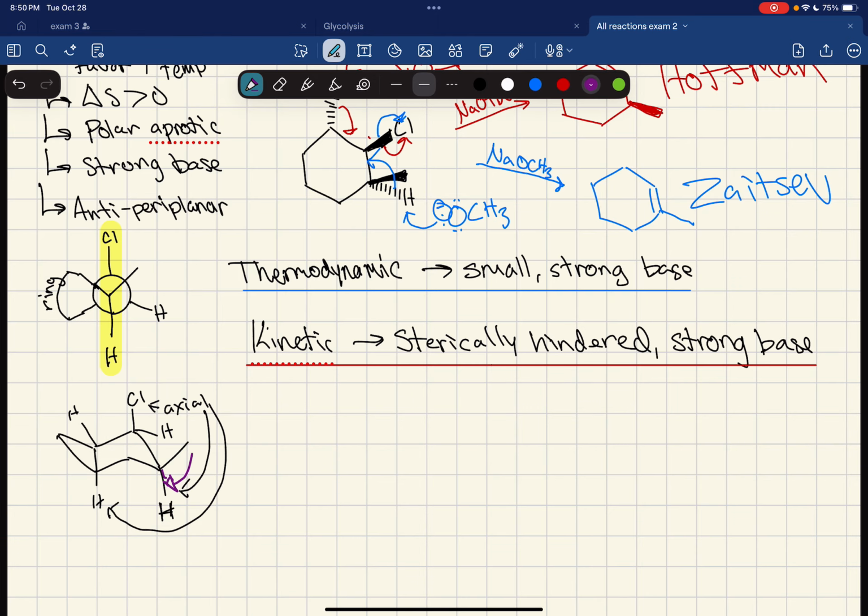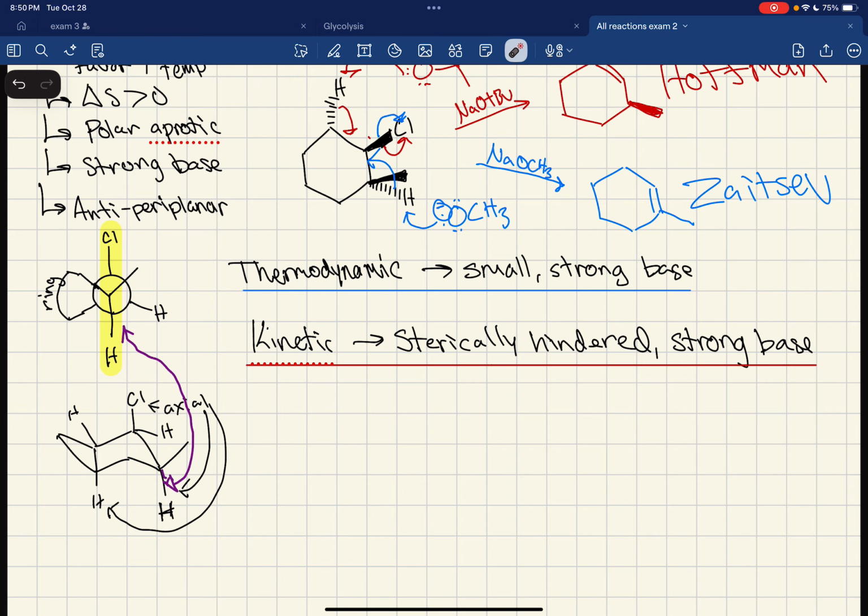So that is this right here. If you're looking down this structure in a Newman projection from this carbon to this carbon, you'll have this Newman projection right here. And as you can see, the chlorine and the hydrogen that you eliminate with this OCH3, they are anti-periplanar, which means they're in the same plane but opposite from each other.